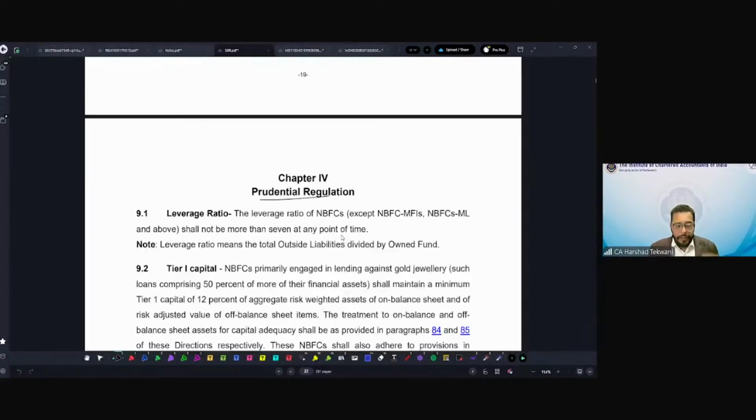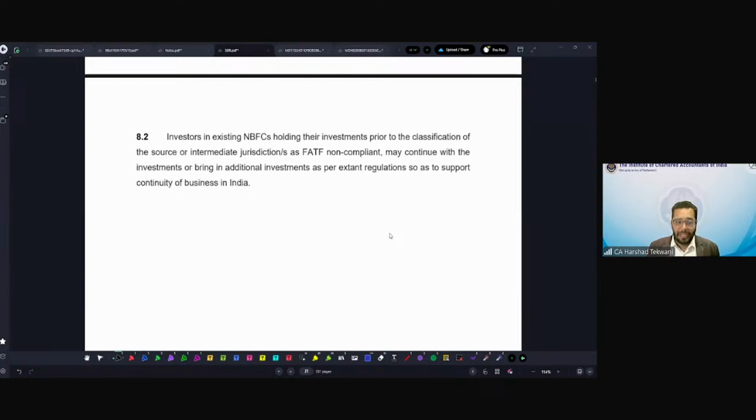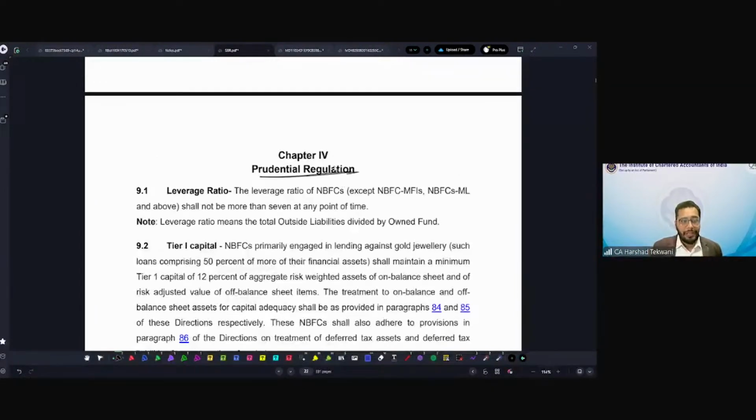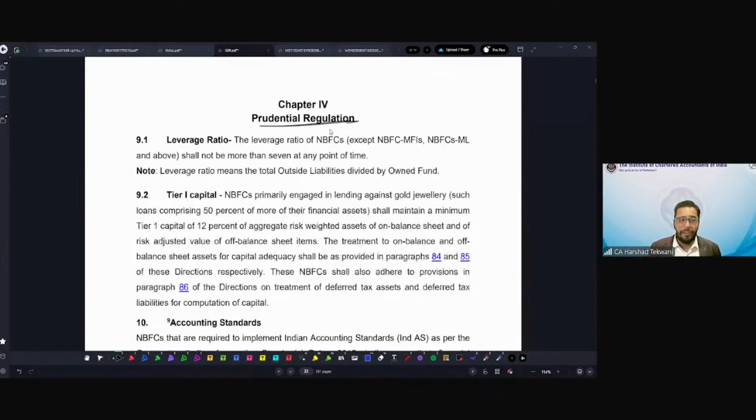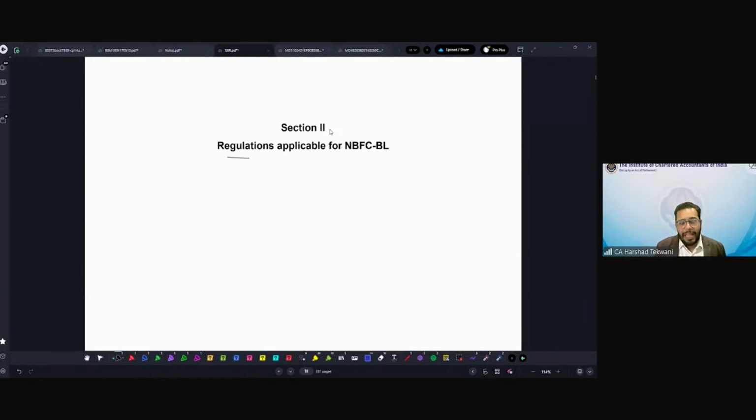This particular prudential regulation basically defines how the NBFC has to work. And these are again divided on the basis of classification. Now, this is the prudential regulations, but these are applicable only to PL. When you go to prudential regulations for ML, it is different.